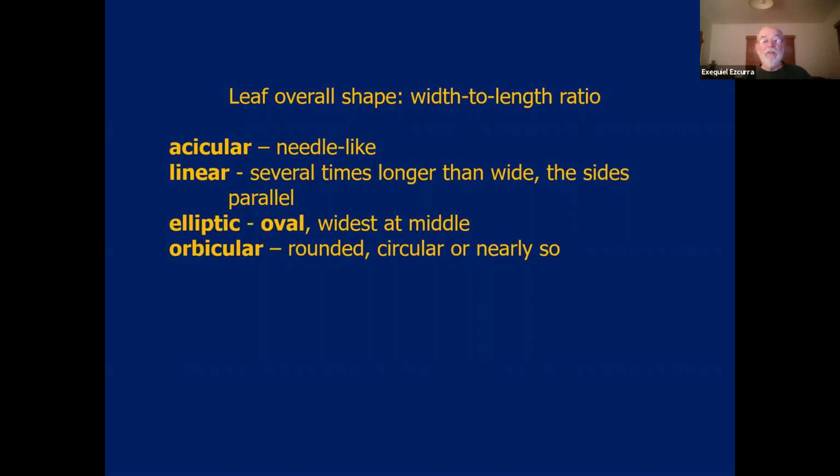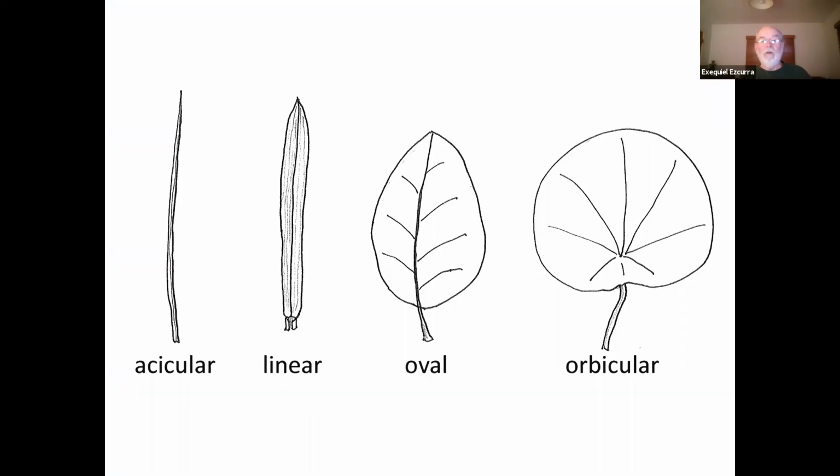or in lilies. If the leaf is widest at the middle, it can be elliptic or oval, and we'll see the difference in a second. And if the leaf is almost perfectly rounded or circular or nearly so, it's called orbicular. Here we have three illustrations that exemplify the shape, and we are going to see some here from samples I got.